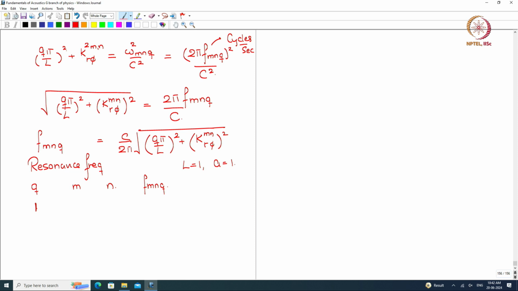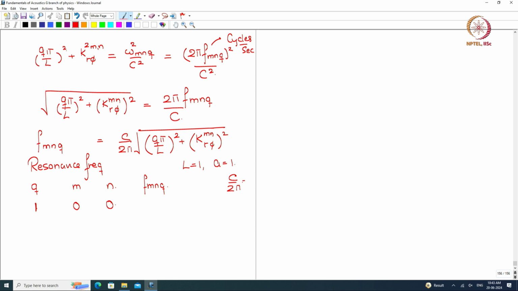Then m is 0 and n is 0. Okay. So, f mnq, and c again I will take as 300, or c by 2 pi I will take such that it is 50.